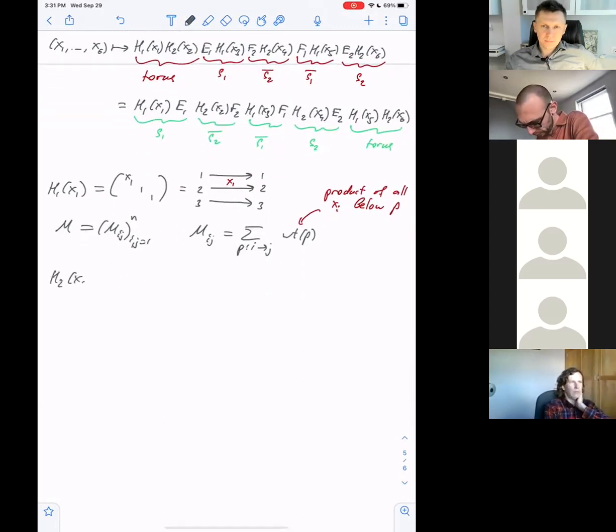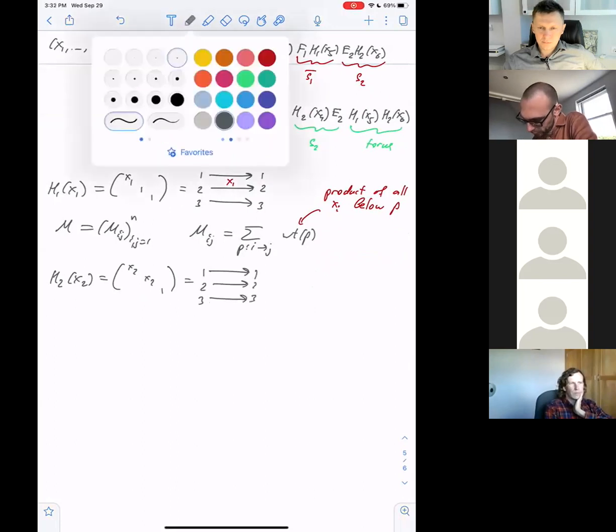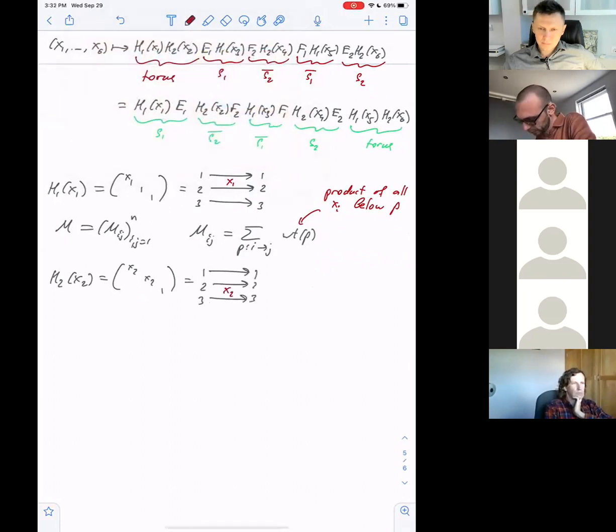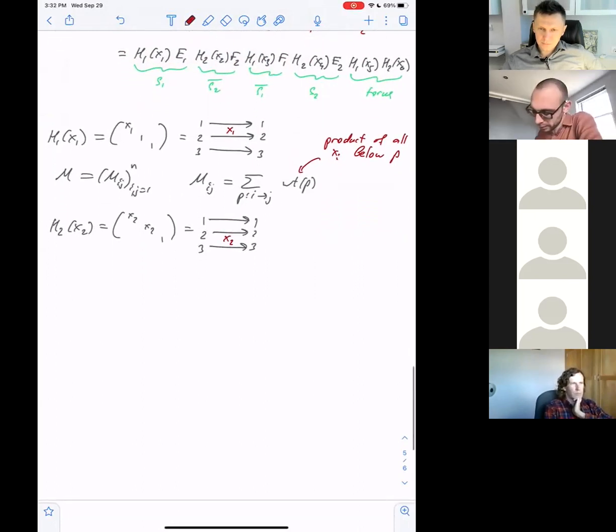Right. So then we obviously can tell what happens if we do h2 of x2, right? So this is x2, x2, 1, but it's also represented by this network, again 1, 2, 3, 1, 2, 3. And we just put x2 over here, right? So now below 3 to 3 is 1 because there's nothing below, but for 2 to 2 and 1 to 1, there's x2. And we obviously can write e1.